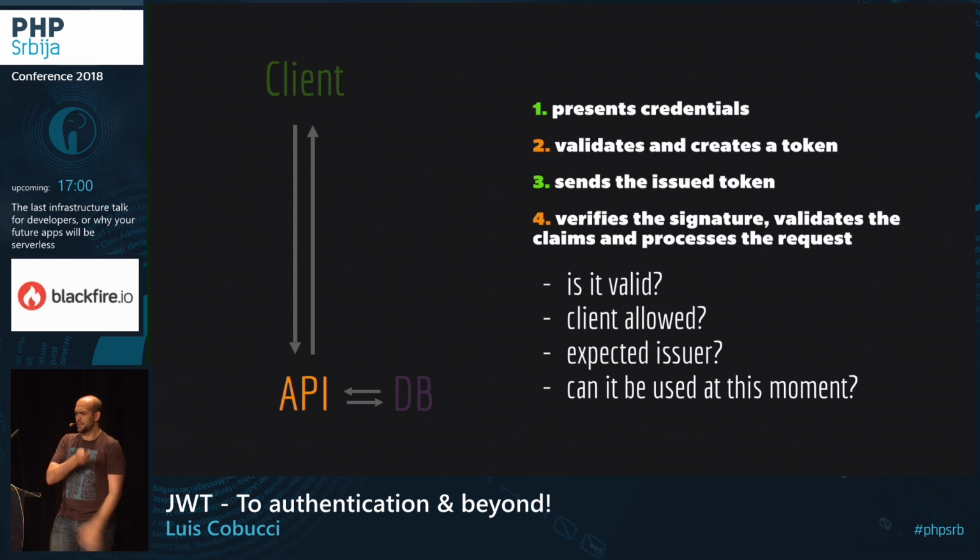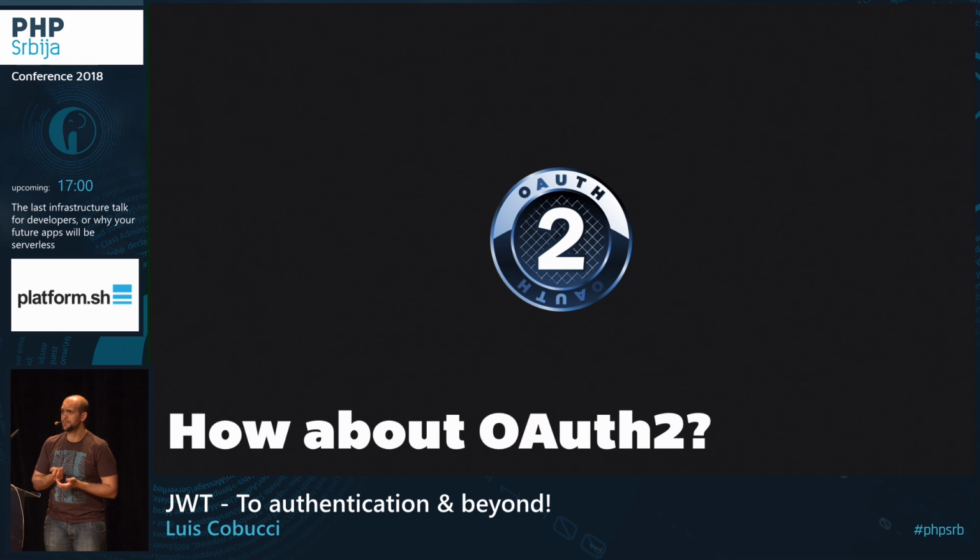This is a very basic scheme for authentication. And people started to ask, okay, can we do that with OAuth 2? Are you familiar with OAuth 2? If you are, you know that the access token is usually an opaque token, right? And we can just change that and use a JSON Web Token there.